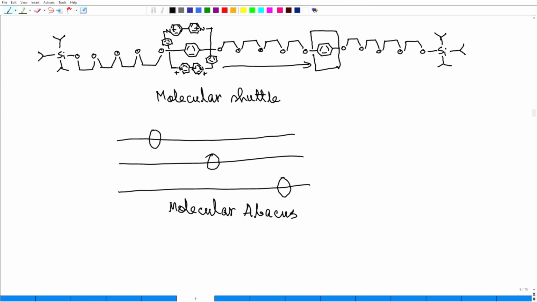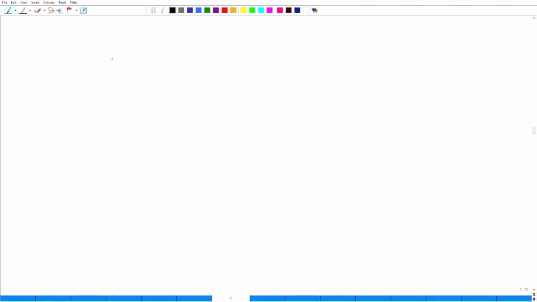So, we have covered so far the pseudorotaxane and rotaxane. Now I will go to another part of this complex structure. I will draw this structure now. Suppose you have a macrocycle, and I have another macrocycle inside.